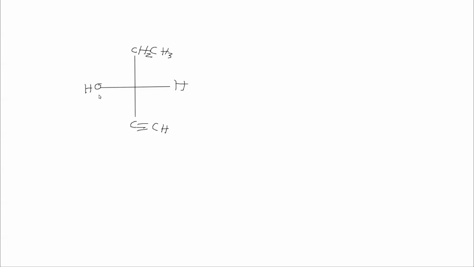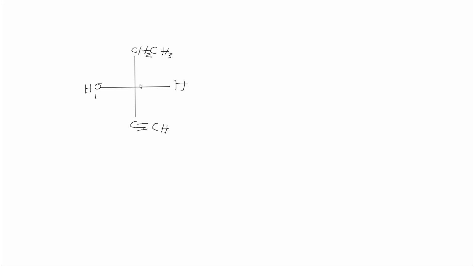So let's assign priority to these groups. This substituent has an O in it, making it first priority. The element with the highest atomic number in the others is carbon, which is lower than oxygen.